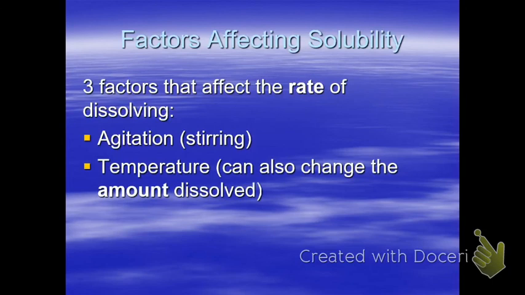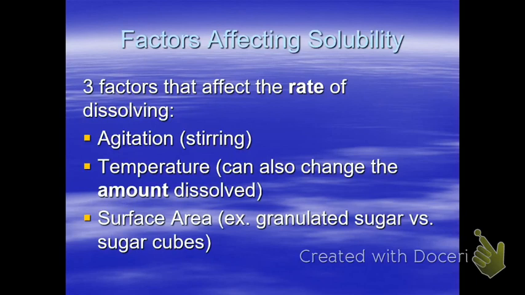Okay, temperature, as we said, can change the amount. It also can make it go faster. Okay, it also increases the speed at which a solute will dissolve. Okay, surface area affects it. And I've given the example here of granulated sugar versus sugar cubes.